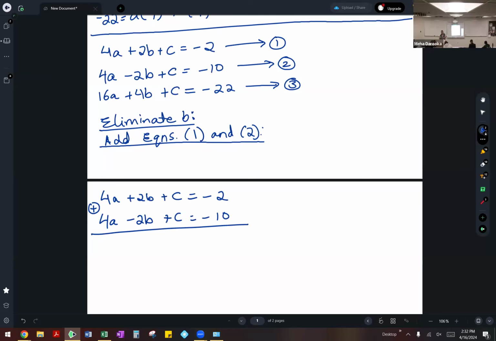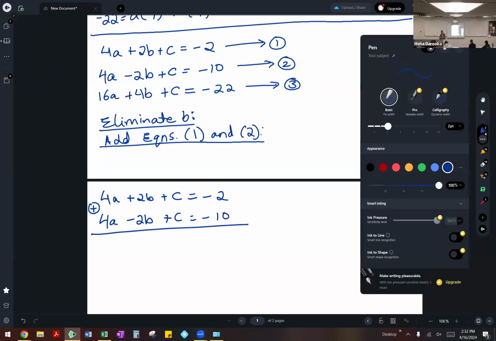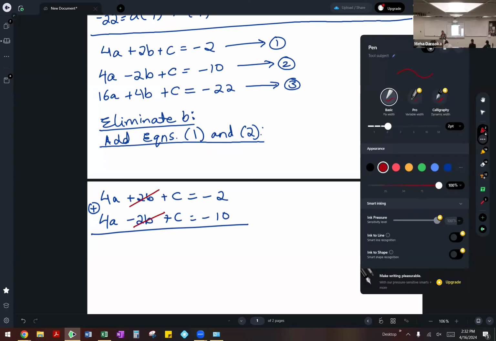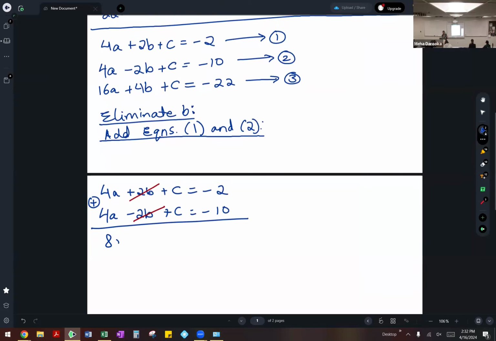So obviously, as you can see, 2B minus 2B will cancel each other out. So those guys are gone, leaving us behind with, let's see, 4 plus 4 will become 8. C plus C will become 2C, and then negative 2, negative 10 will be negative 4. So let's designate him as equation 4.